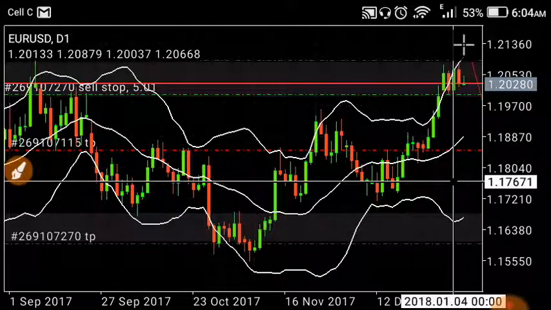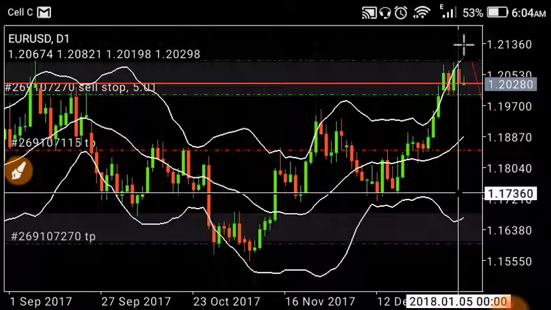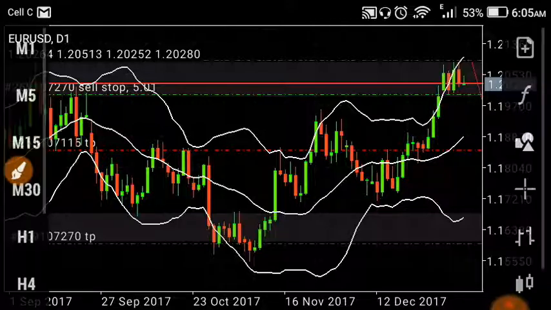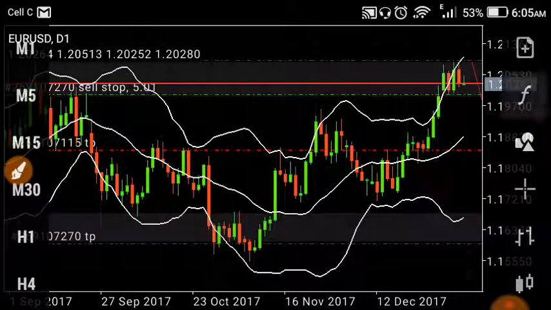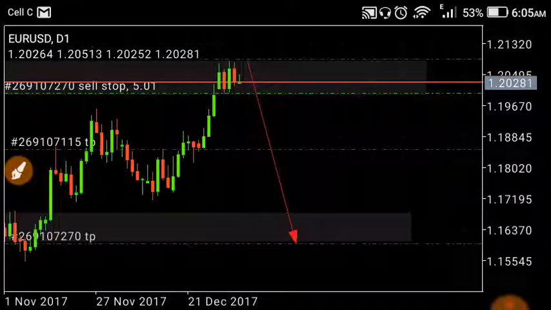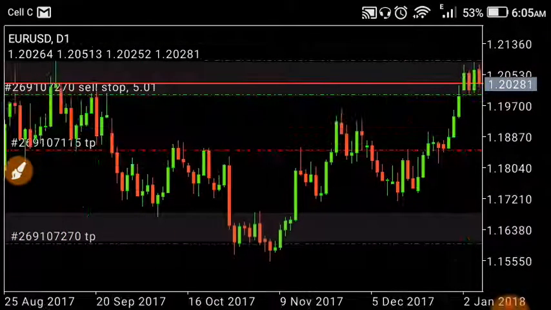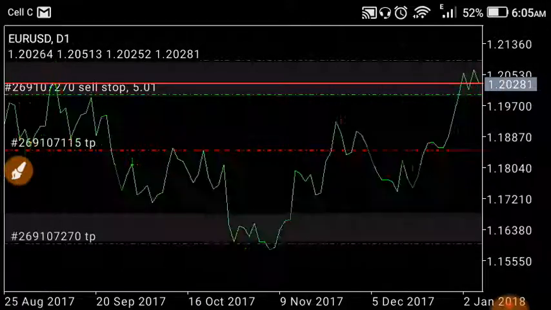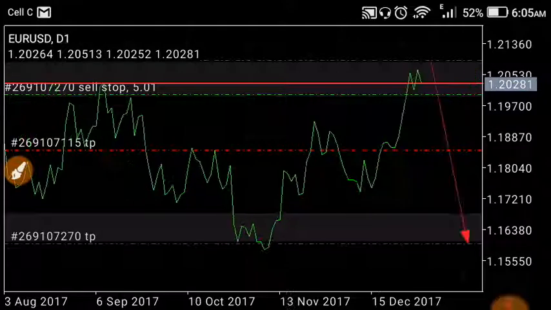So this is the first thing that I'm looking for in terms of identifying my support and resistance areas, and then I go back to the fundamentals of doing my chart analysis. I'm going to remove the Bollingers, and now I'm going to change my candlestick chart to a line chart.